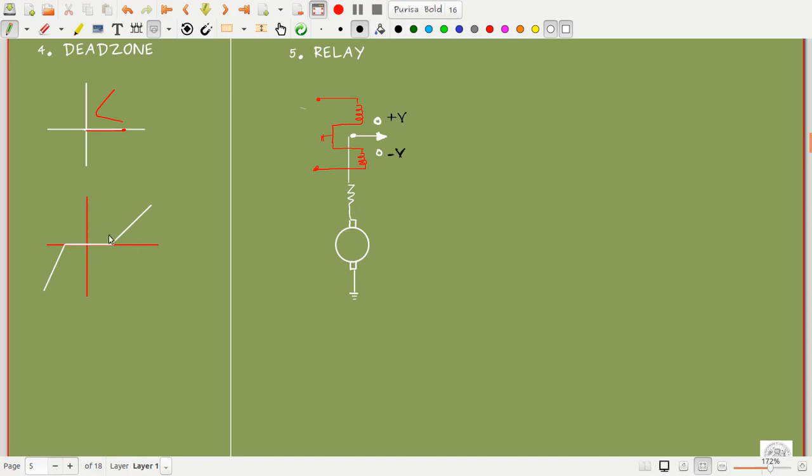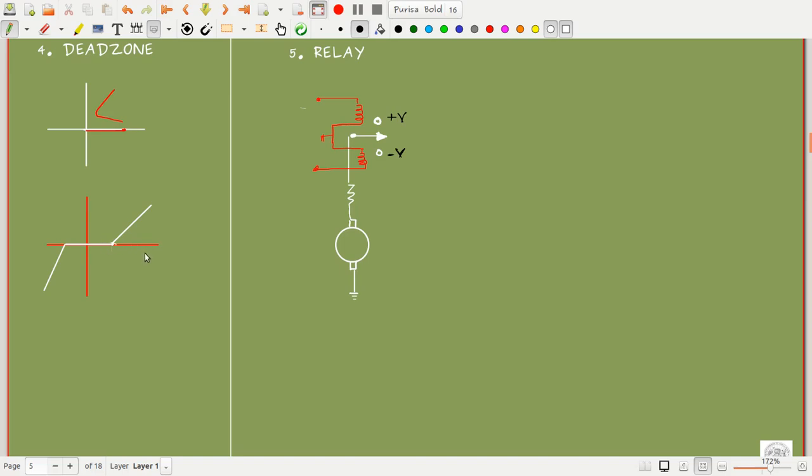Dead zone means there won't be an output even if there is an input initially to the system. The output will act only after some time. That is called a dead zone. The output will be zero.